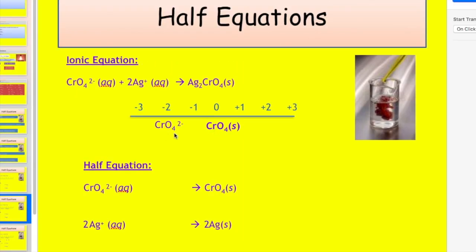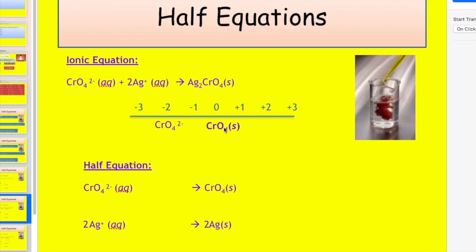So now we need to think, how can we go from CrO4 2 minus to CrO4? Now we've got electrons and they're always negatively charged. So we can either add or take away negative charge. Here we need to think about our maths. If we're on -2 on a number line, and we wanted to take it to 0, we want to go in the positive direction. So how would we go in the positive direction?